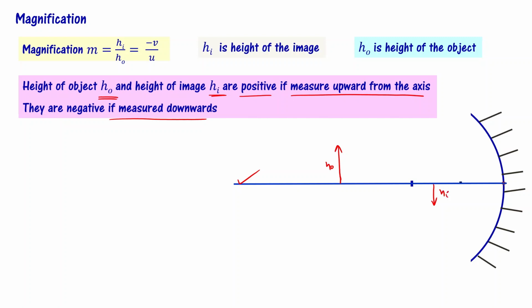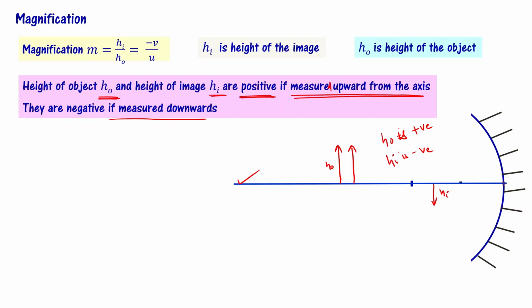The rule is that hi or ho, whatever you take, is going to be positive if measured upwards. Here ho we are measuring upwards, that's why ho is positive. In this particular case hi we are measuring downwards, right? That's why hi is negative in this particular case.